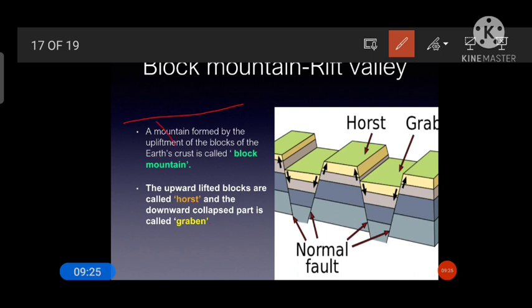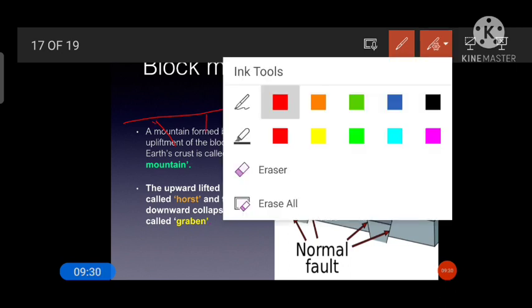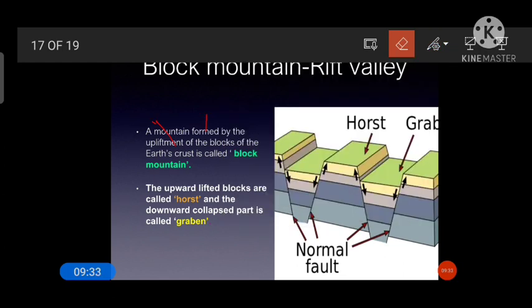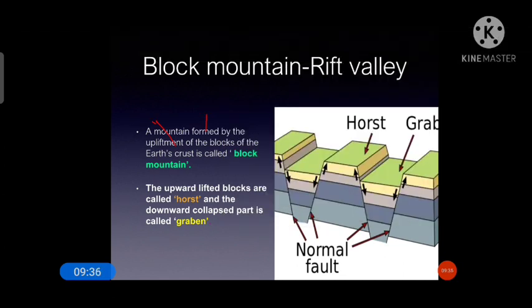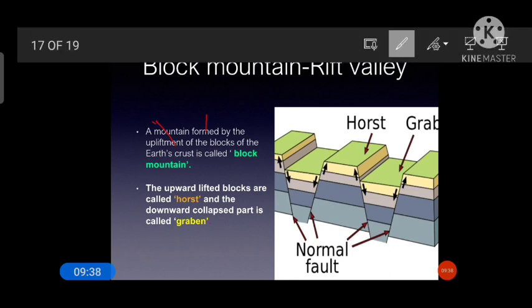Whenever a block within this crust gets shifted down, earlier this was the level of the crust, but due to some reason this middle block subsided, it slipped down. Now you'll see this part got submerged below. This type of feature is called faulting, or we call it faulting activities.